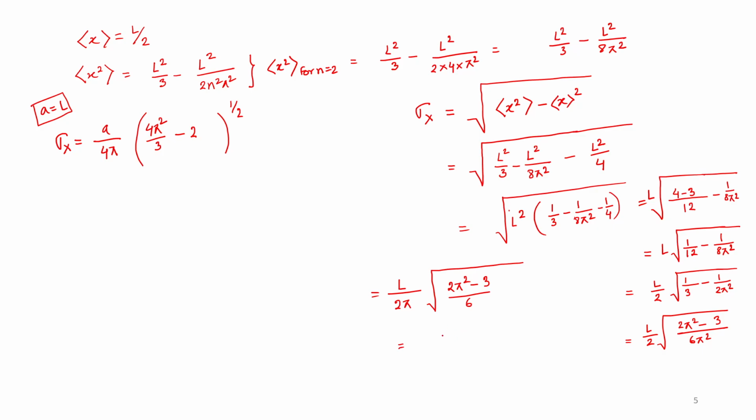So I need it to become 4 pi. So I need to multiply the upper side with 2 also. That means inside it will become 8 pi square minus 12 by 6.